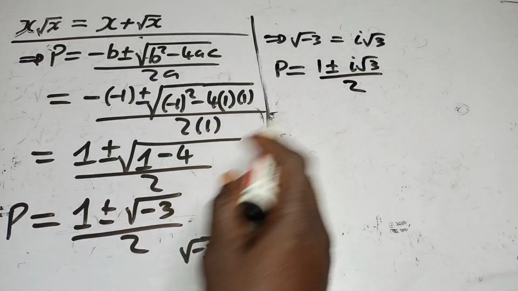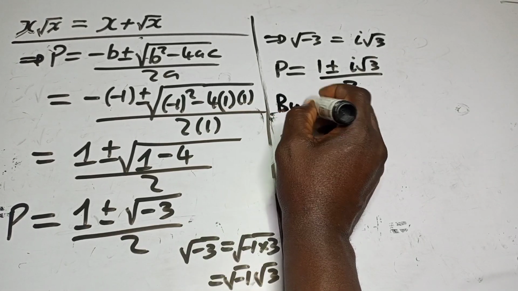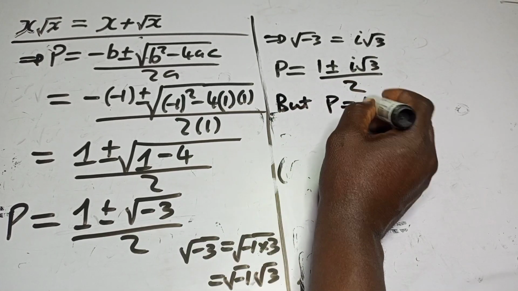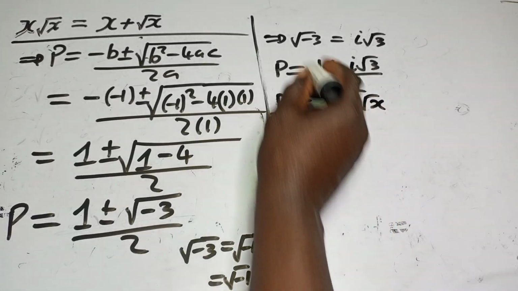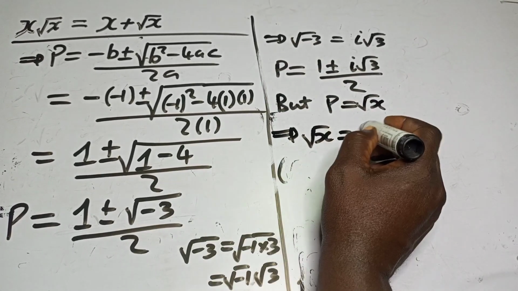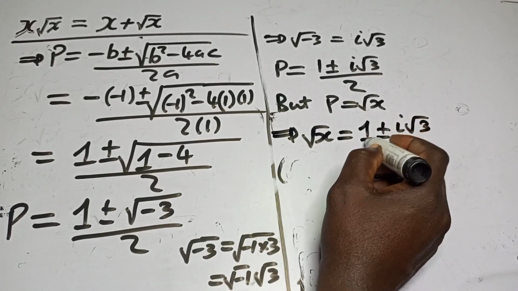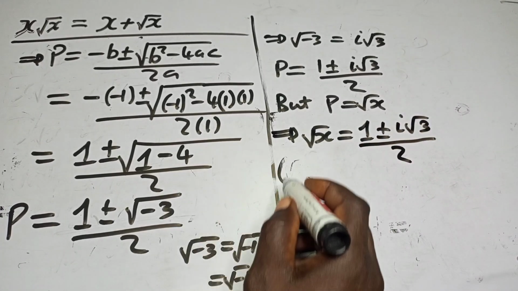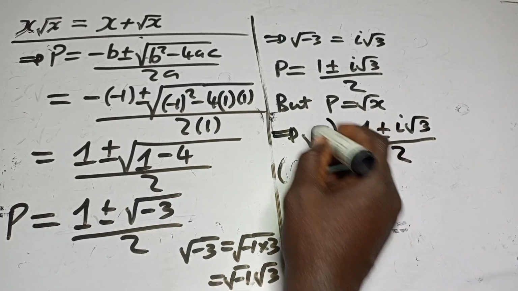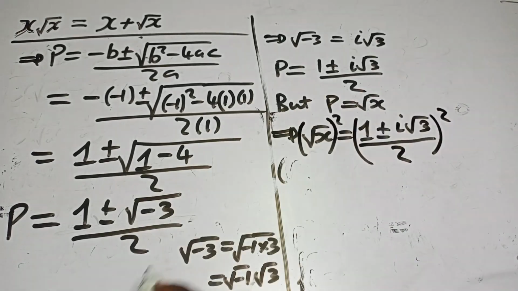But we have to solve for x, not p. We remember that p is root x. If we put it there, we're going to have root x is equal to 1 plus or minus i root 3 all over 2. To get x, we simply square both sides.